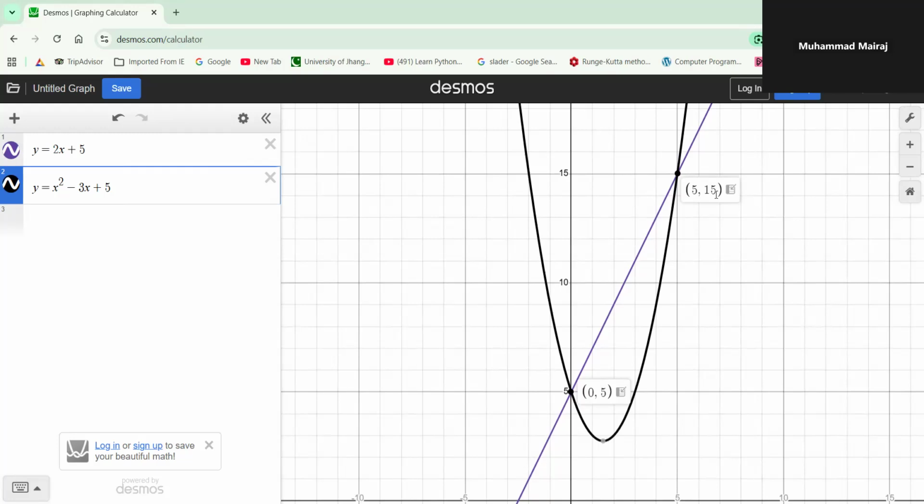So therefore, the x coordinates are 0 for this one and 5 for this one, and we add them together, 0 plus 5, which is equal to 5. So the question was, what is the sum of the x coordinates of the two intersection points?